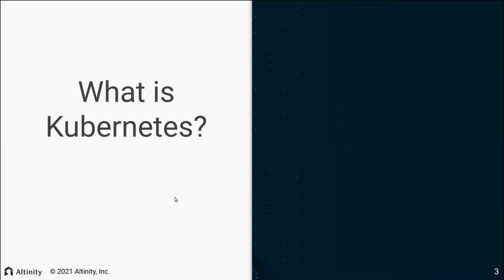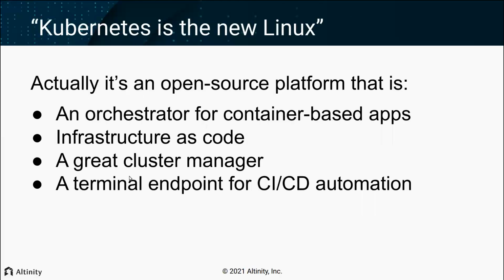So with that, let's just talk for a little bit about what exactly Kubernetes is. If you read the articles on the web, there's just a lot of hype around Kubernetes, and sometimes I've even heard people call it the new Linux. That's not very helpful, actually. What Kubernetes actually is, is an open source platform that does a number of things, depending on what you're interested in.